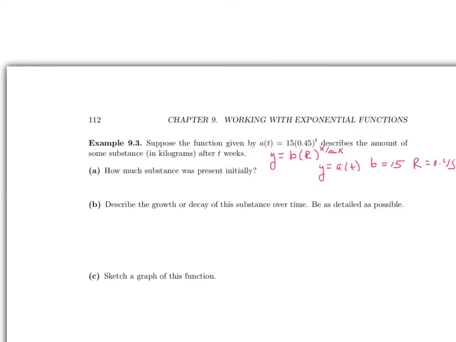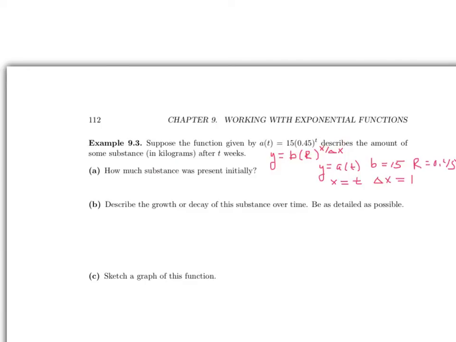And the exponent is t, but we can think of the t as t over 1, so you can see that x is the same as t, and delta x is 1 in this particular case. So the equation that we were given is precisely in this form, and therefore it is an exponential function.